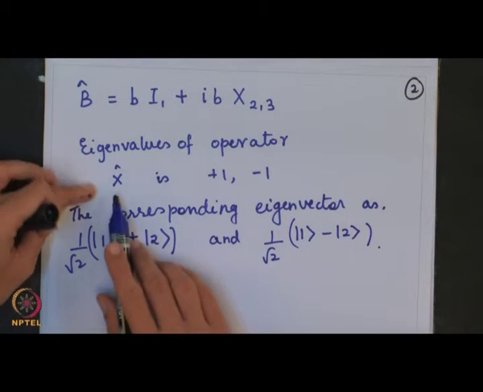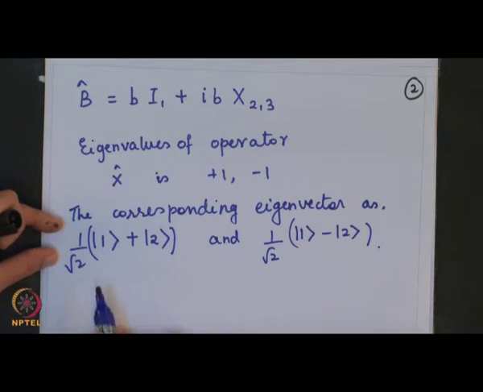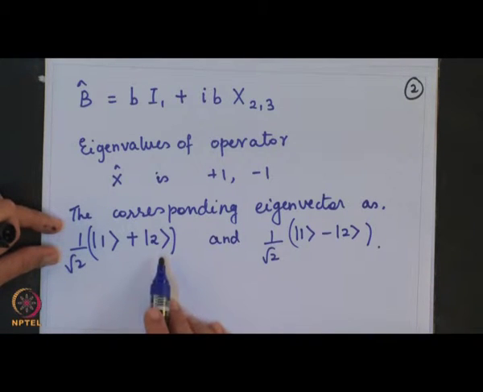So for operator x the eigenvalues are plus 1 and minus 1, and the corresponding eigenvectors are given by kets 1 and 2. It is very simple.